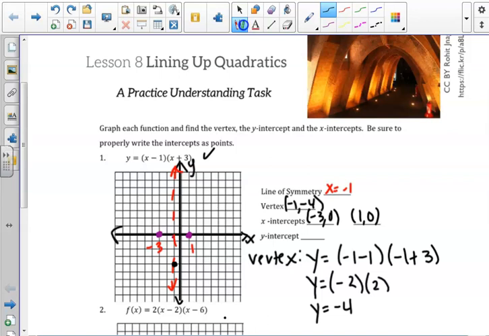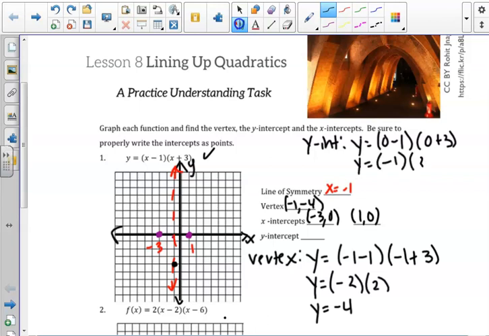And the last thing that we discussed is how to find the y-intercept. Keep in mind whenever you cross the y-axis, your x value is always 0. So to find the y-intercept, we can plug 0 in wherever we see x in the equation, and this will always work for us to find the y-intercept.